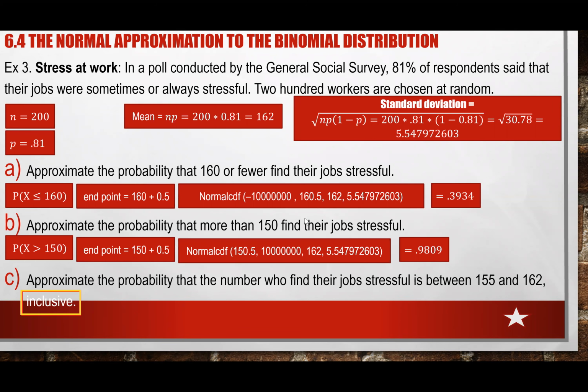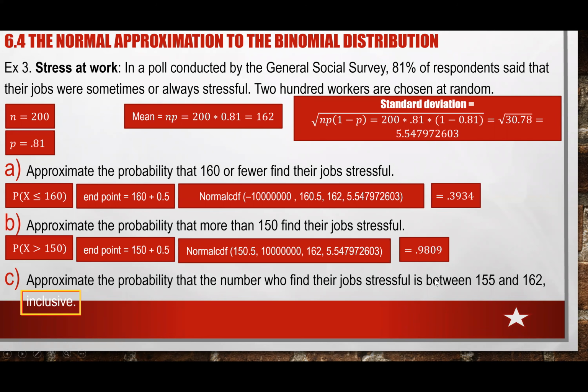Okay, so similarly in C, if you look at C in example 3, and if you recall example C in example 2, in example 2 we have exclusive. In example 3, we have inclusive, right? Last time they asked you the same thing.